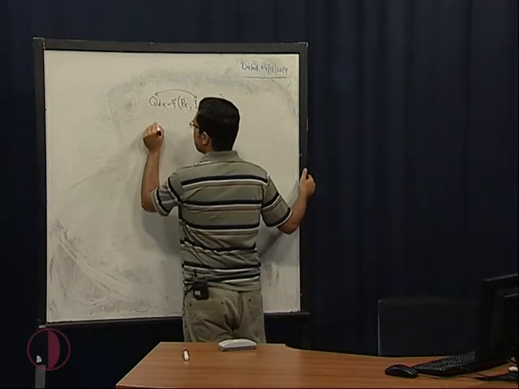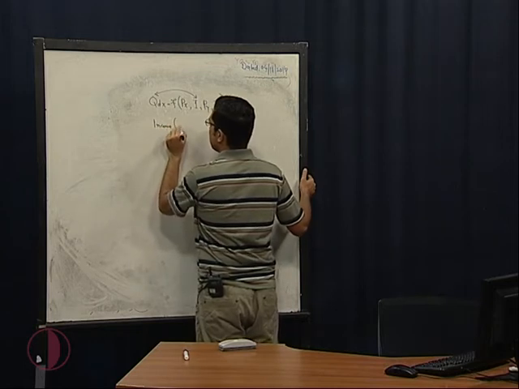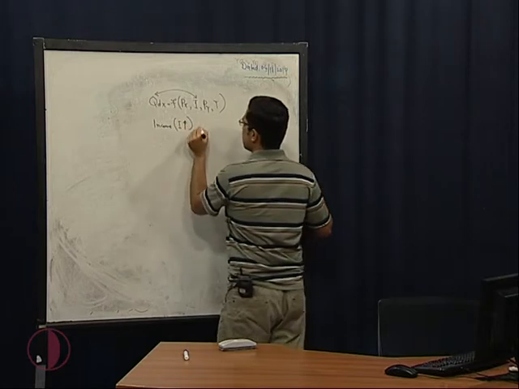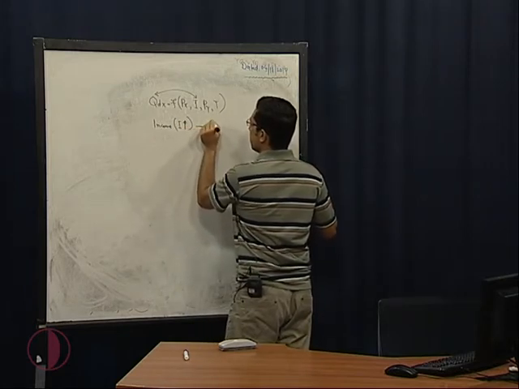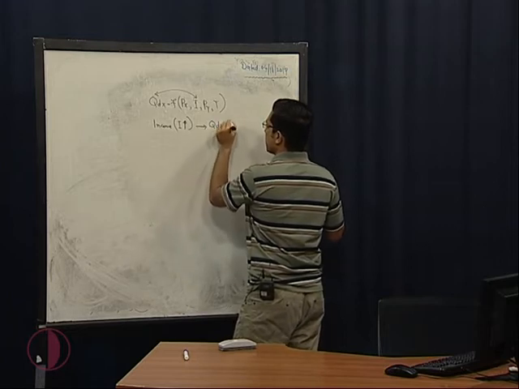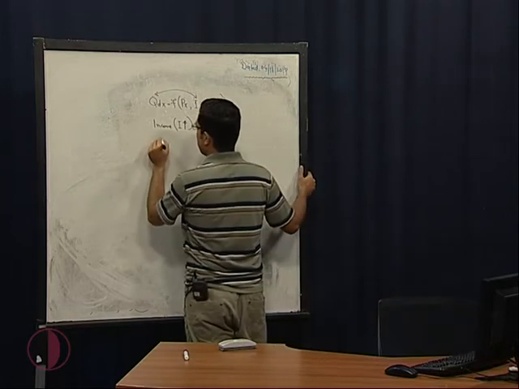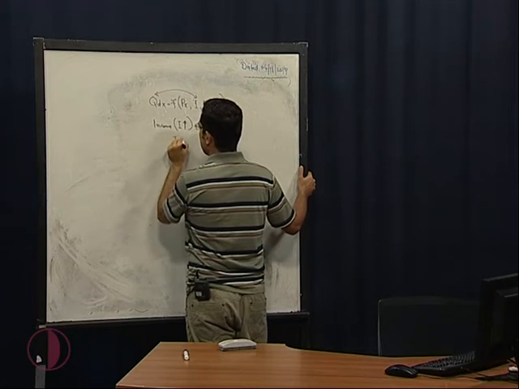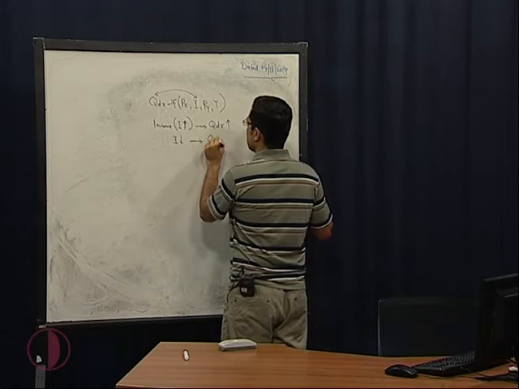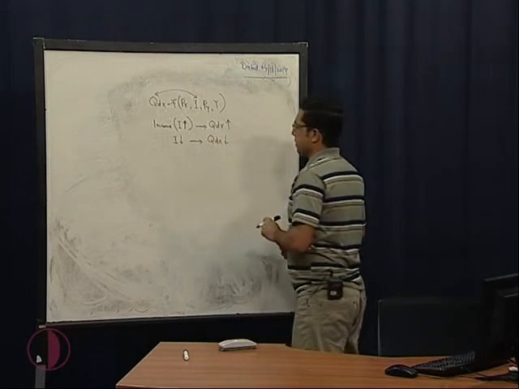So, if income increases, it means quantity demanded for commodity X will increase as well. If income decreases, quantity demanded for commodity X will decrease as well.